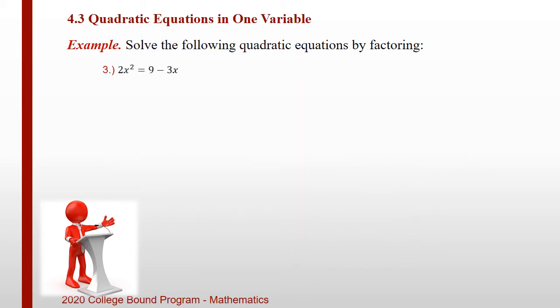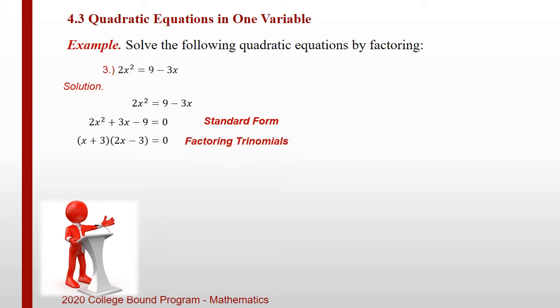Now, suppose the given is 2x squared equals 9 minus 3x. Since this equation is not in standard form, we start by rewriting it as 2x squared plus 3x minus 9 equals 0. Applying factoring trinomials in the left-hand side, we get (x plus 3) times (2x minus 3) equals 0.